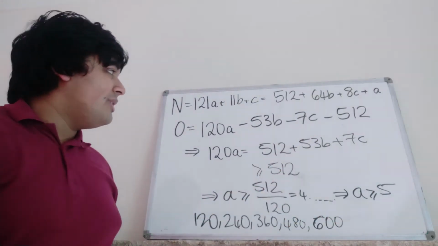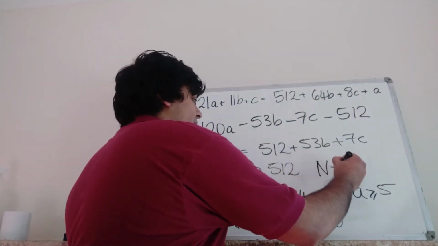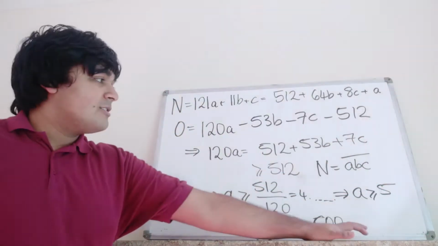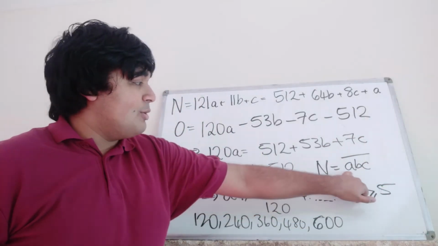If we recall that n is equal to abc when we look at it in base 11, this digit here has the most influence.